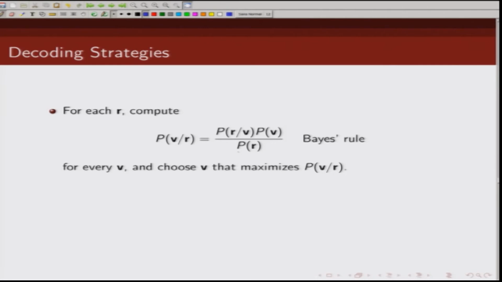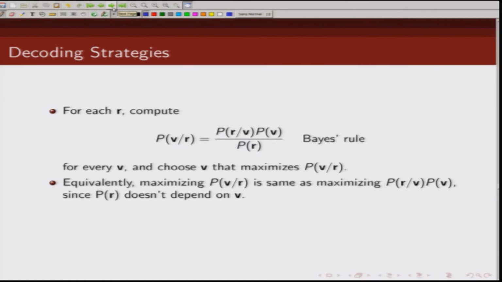Now, again the choice of V does not change this. So, maximizing this is nothing but maximizing this quantity, because this quantity does not depend on the choice of V. Okay.